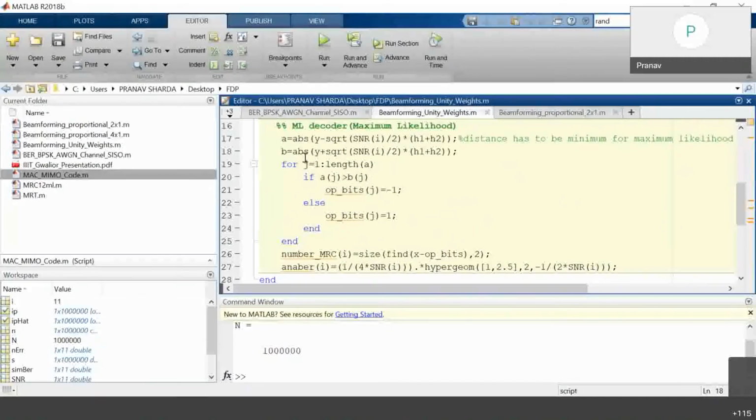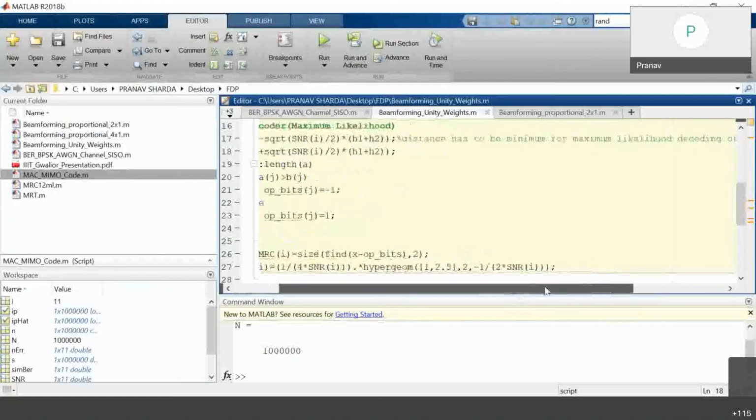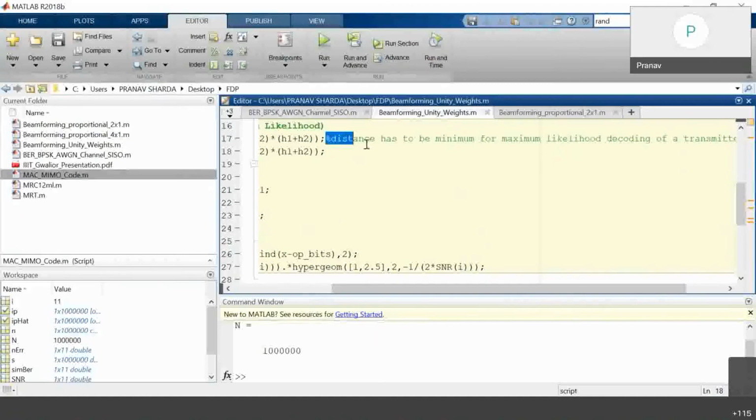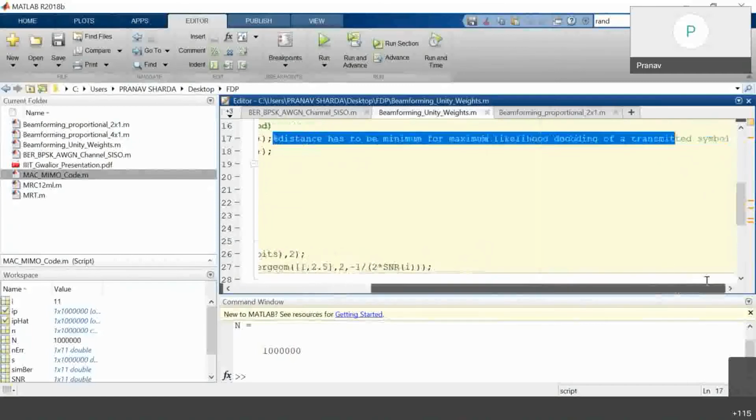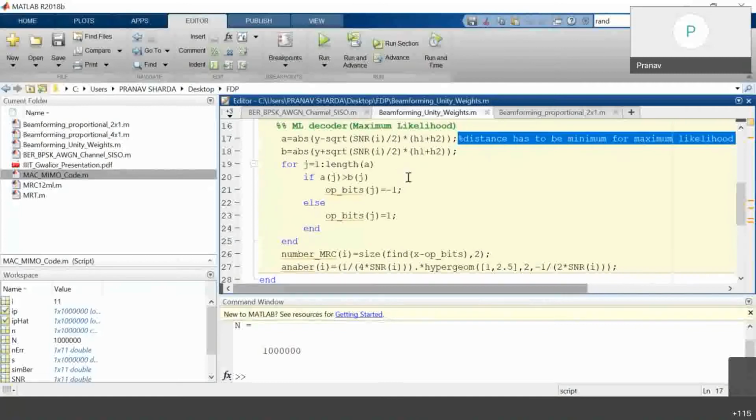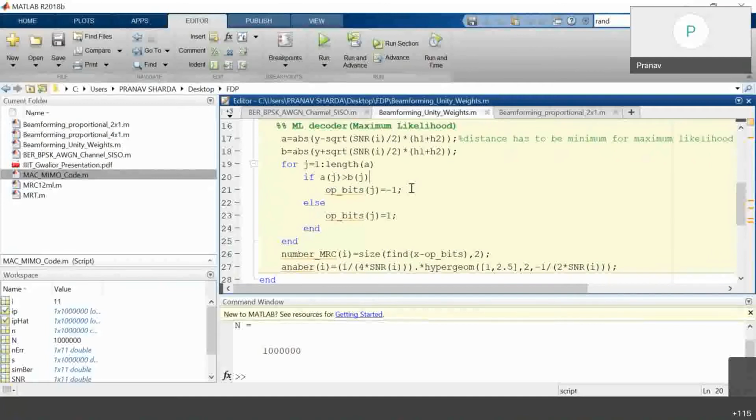So A and B represent a value of some distance. I have given a comment over here that this distance value has to be minimum for maximum likelihood decoding of a transmitted symbol. Likelihood means the probability that it is very likely that this will be the transmitted symbol.